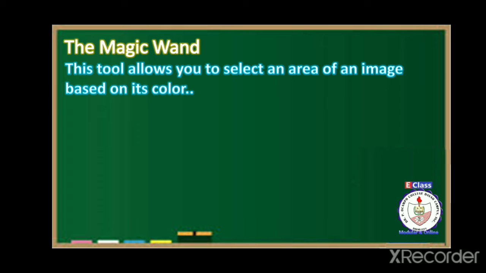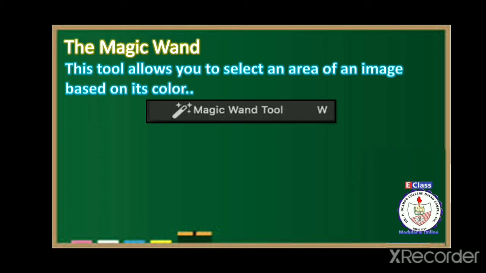It is located near the top of the Photoshop toolbox, and this is the figure. When you click an area in the image with the magic wand, all areas which have similar color are selected.